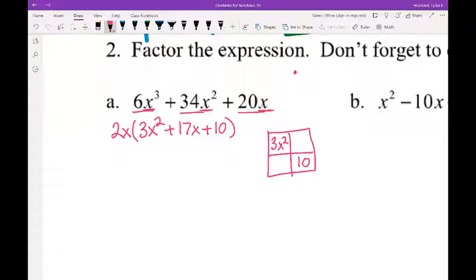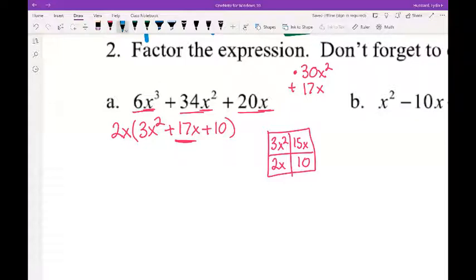So I want something that's going to multiply to 30x squared, but I want it to add to that middle term of 17x. So the two numbers that would do that are going to be 15x and 2x, right? 15x times 2x gives us a positive 30x squared. 15x plus 2x gives us a positive 17x.